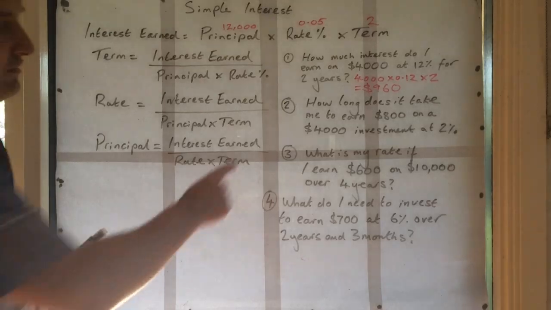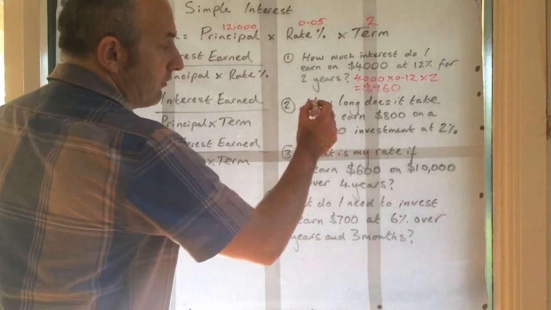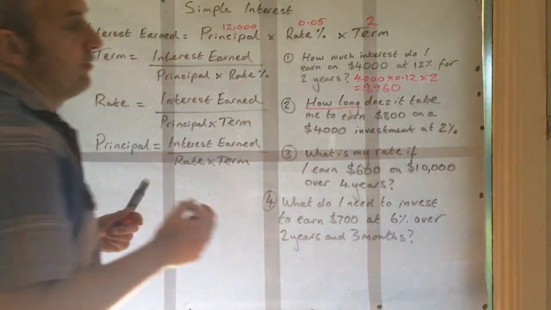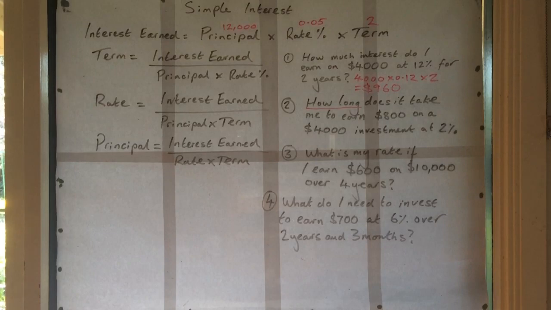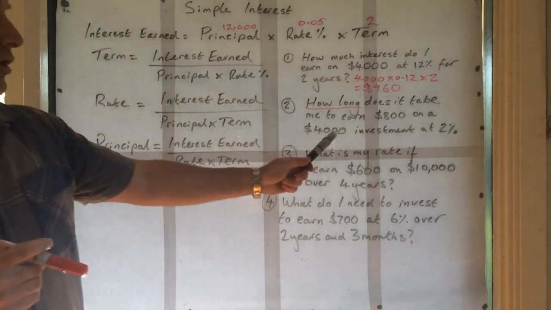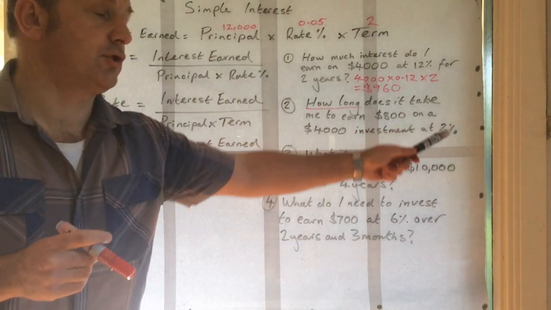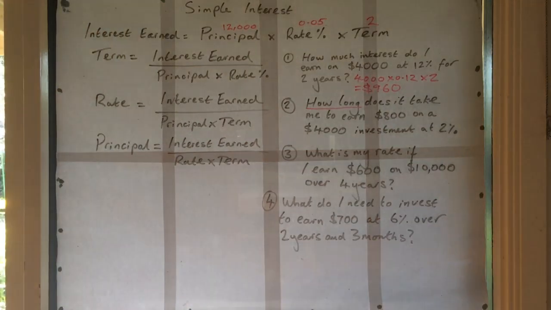Next question. How long does it take for me to earn $800 on a $4,000 investment at 2%? Which one of these are we using? We're using this one, because we need to work out the term.